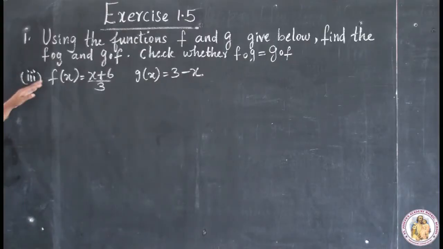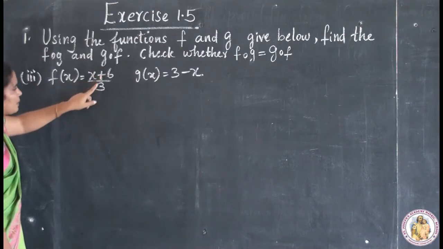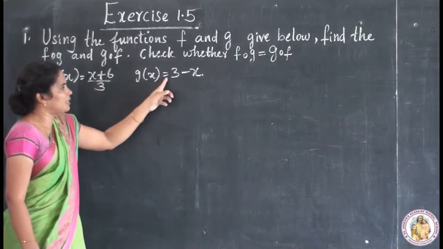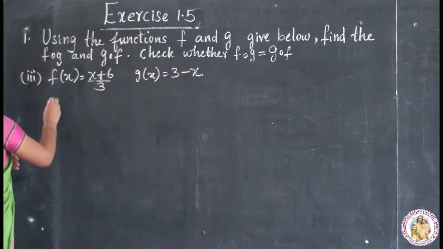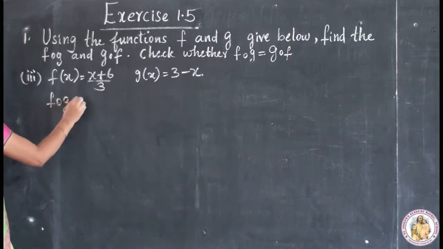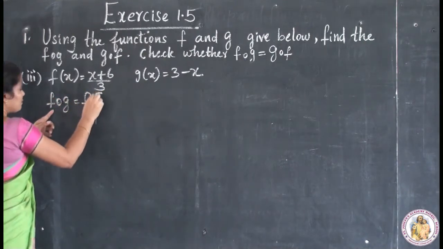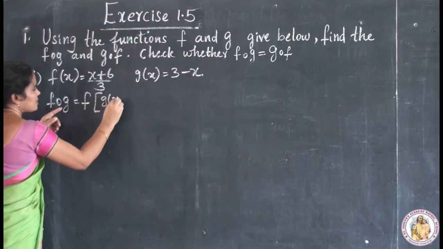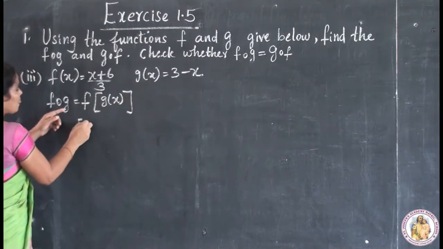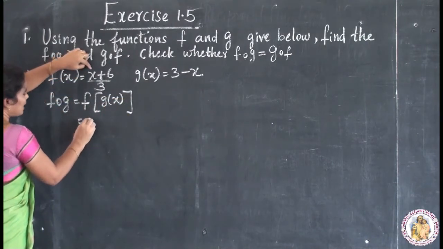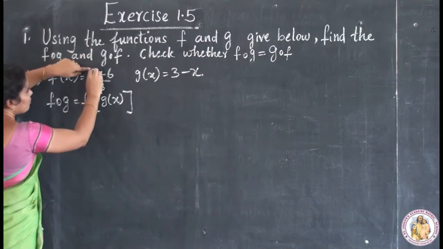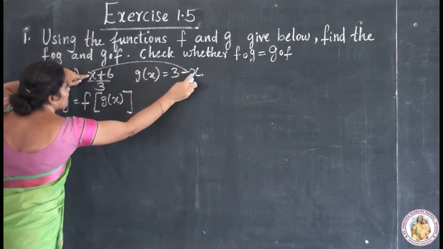Question number 3. F of x is equal to x plus 6 by 3 and g of x is equal to 3 minus x. F of g is nothing but f of g of x. In the place of x you have to write 3 minus x.